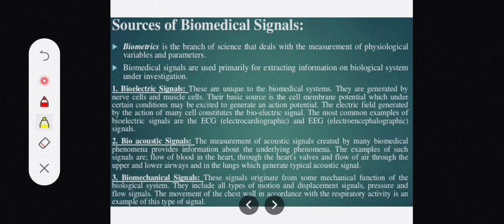Now these biomedical signals originate from a variety of sources. That is, there are various types of biomedical signals. The first one that we're going to study is the bioelectric signal. So what is a bioelectric signal? These signals are generated by nerve cells and muscle cells of the human body or of a living being.